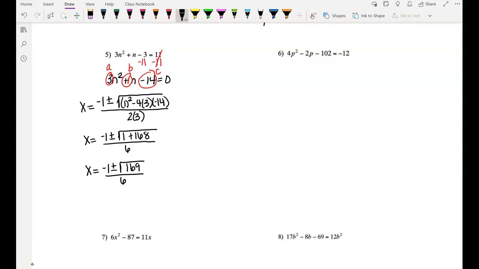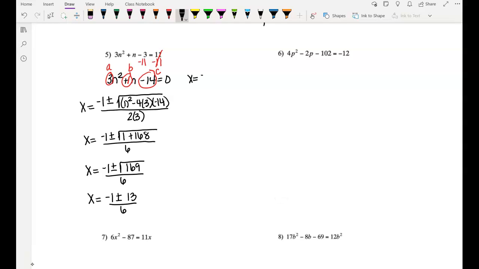And what is the square root of 169? 13. So x equals negative 1 plus or minus 13 divided by 6. So now I'm at that point where I have to separate them out and do both the plus 13 and the minus 13.